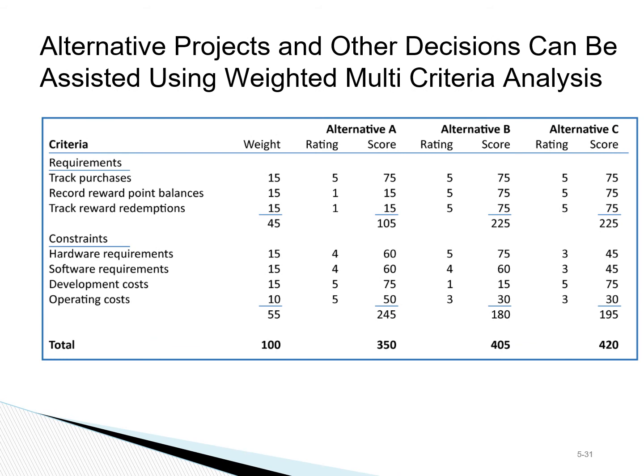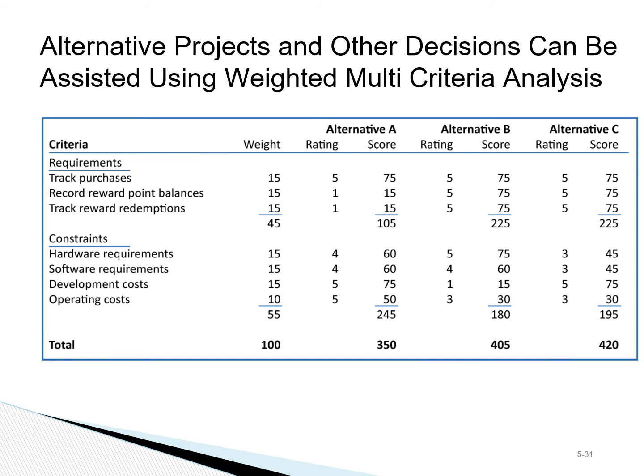So, pooling all of the information that we have together, financial as well as non-financial aspects of the project, we can assign a weighting factor to each of these factors. This basically indicates the importance of each of those factors from the organization's perspective.